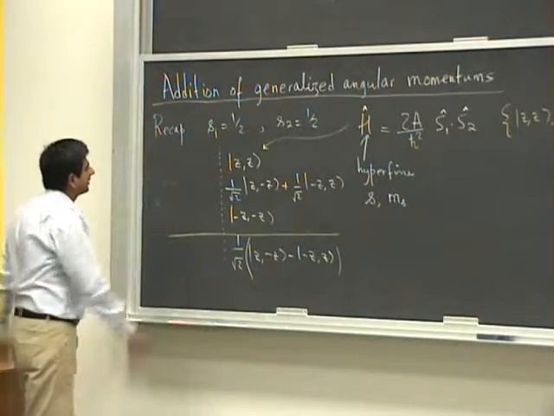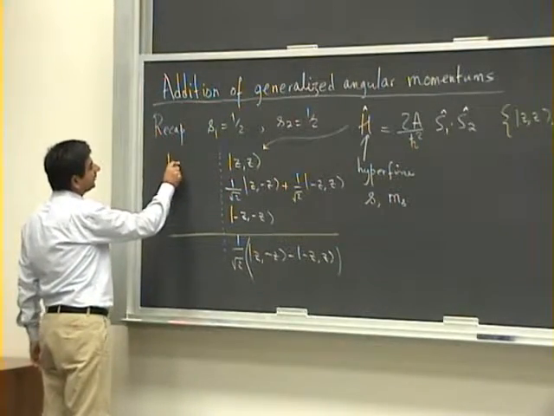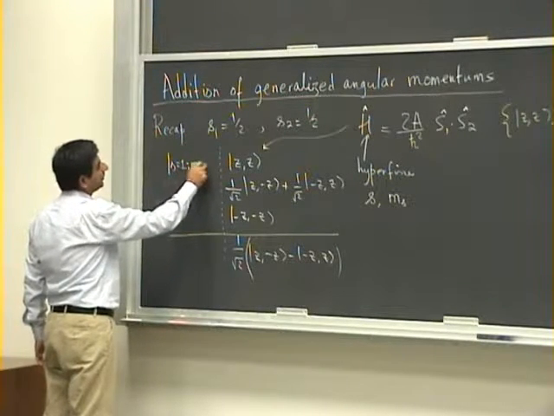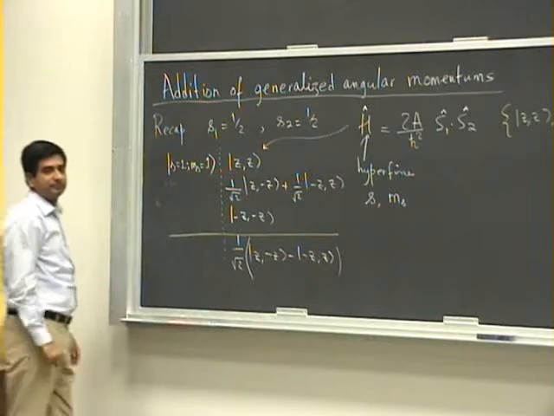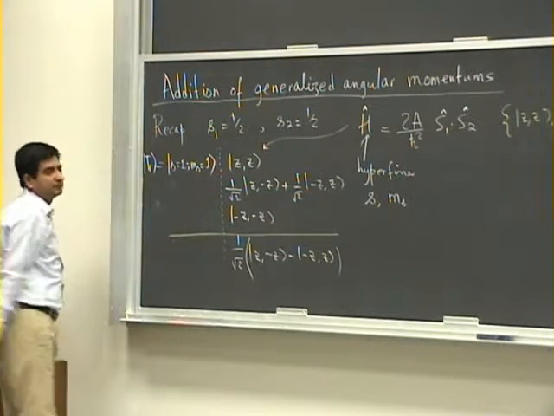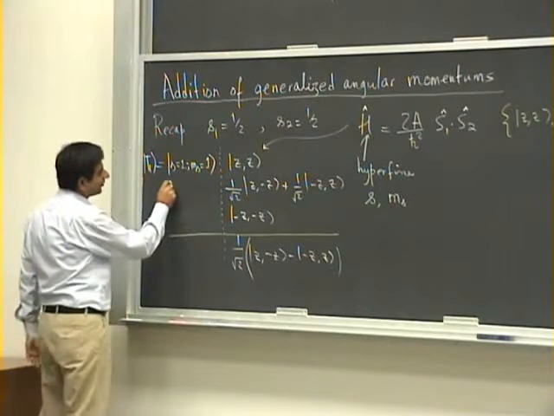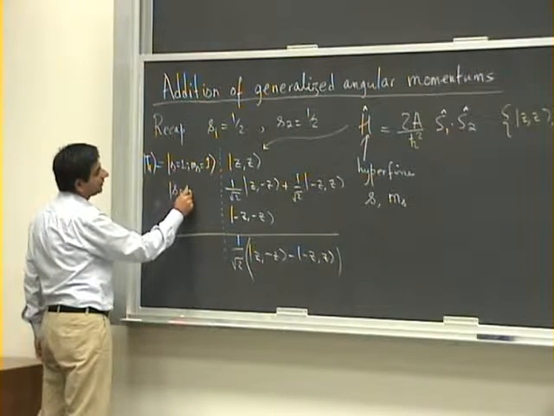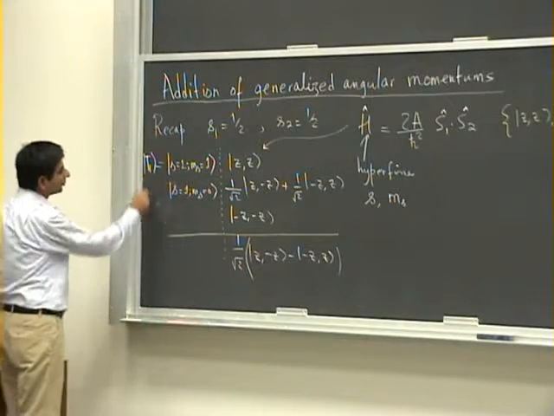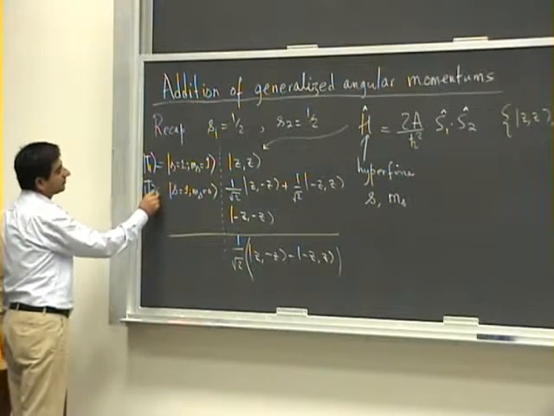This state, for example, corresponds to S equals 1, ms equals 1. We also label this state as T1. This state corresponds to S equals 1, ms equals 0. We also label this state as T0.